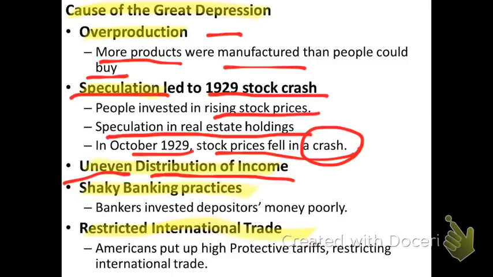Shaky business practices. Bankers would invest their depositors' money, and they would do it very poorly. I gave you this example in class the other day. You deposit money in my bank. After loaning some money out for cars and houses and everything else that banks loan money out to, I, as a bank president, then take some of the money that's left over, just sitting there, and I begin to invest it in either real estate or the stock market.